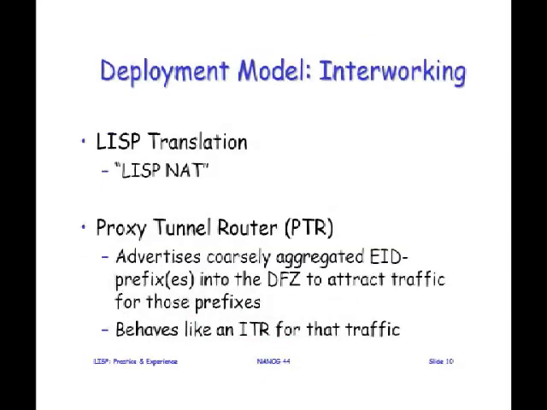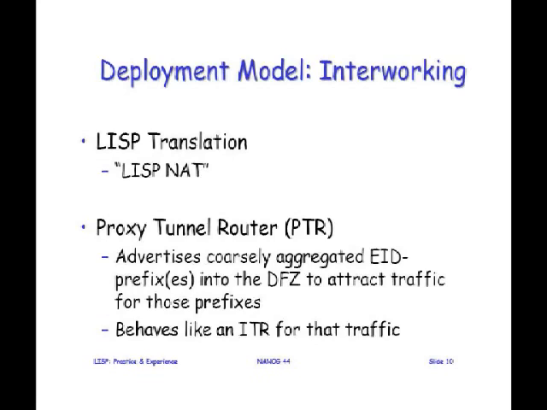So we've also been thinking a lot about interworking. We started thinking about this as transition, but like the IPv6 transition schemes, transition might be forever. So we might as well call it interworking. We have two ways of doing it. We have what we call LISP translation, and that's just LISP NAT, and I'll show you that later.